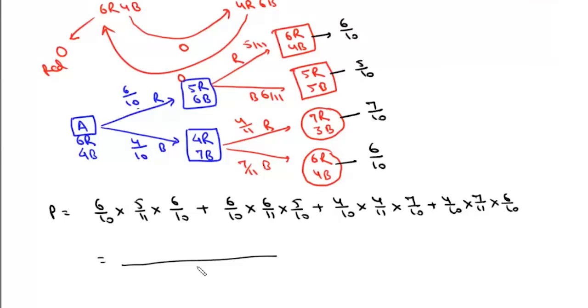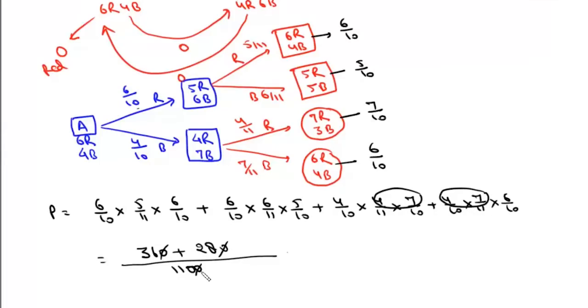And the denominator will have 1100, and here will be 6 into 6 into 5 2 times. So there will be 36 into 10, which is 360. And here we have 7 into 4, 28, 28 into 10, 280.